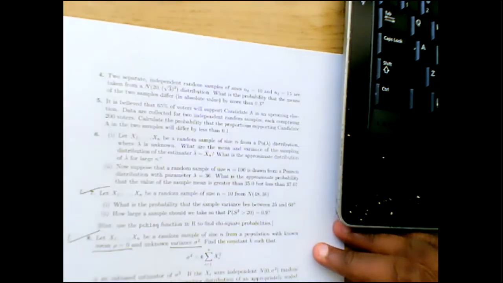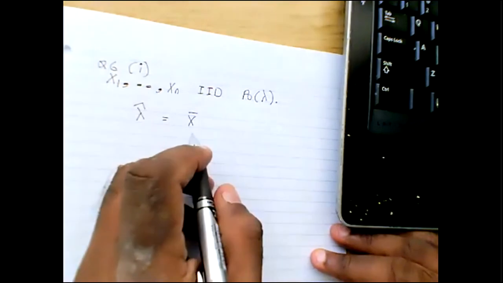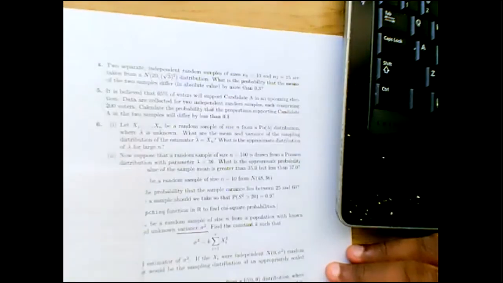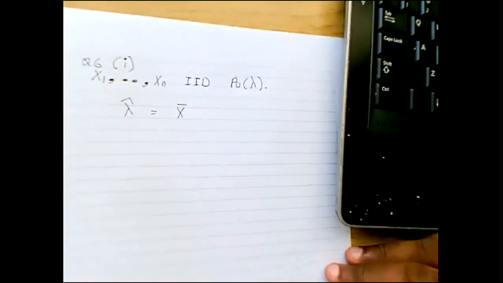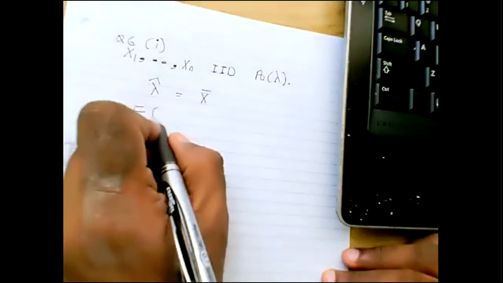Lambda hat is an estimator for lambda, taken to be the sample mean. All right, what we want to find is the mean and the variance of the sampling distribution of x bar, right? So let's try to find the mean first.